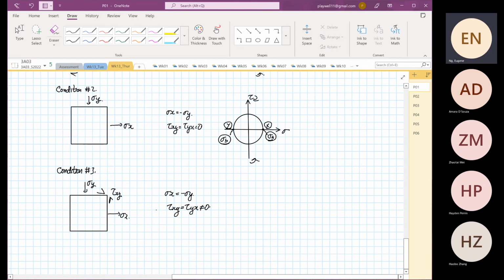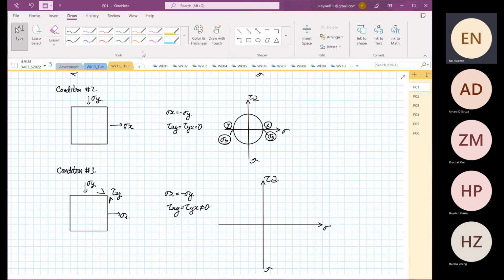For this case, you also get the same Mohr's circle. Let me elaborate. This is normal stress, shearing stress, element rotate clockwise, element rotate anti-clockwise.